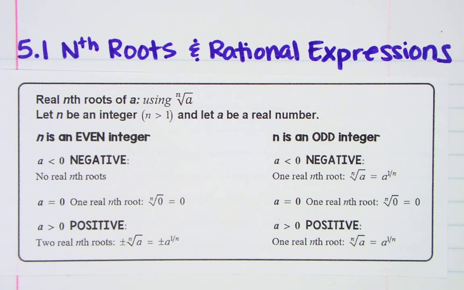If you take the square root of a number, how many solutions will there be? 2, right? Positive and negative. Thank you, Amaya.